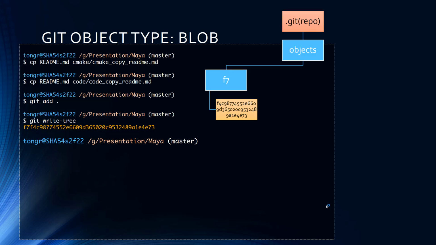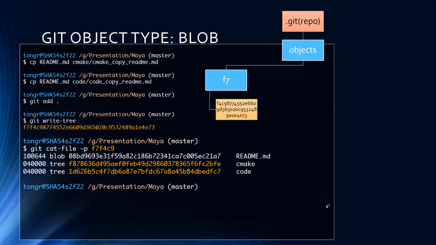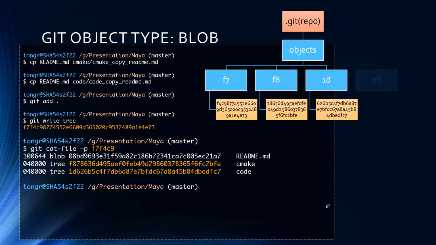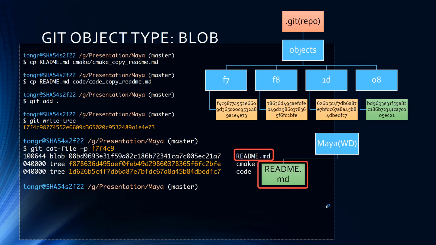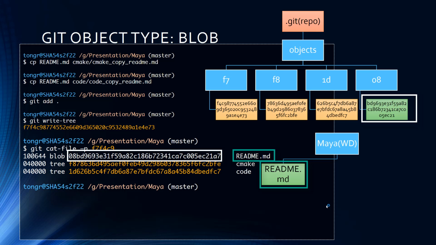Cat file -p. Carefully read the content. It says we have a file saved as blob in the repository. The file's name in the repository is 08bd96, and its name on the working directory is readme.md. The content of the file could be retrieved from this blob.